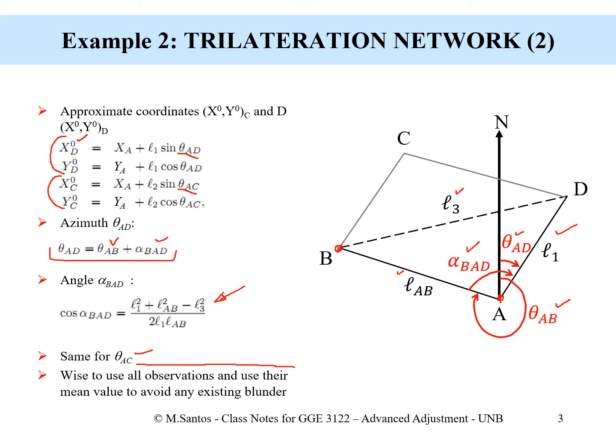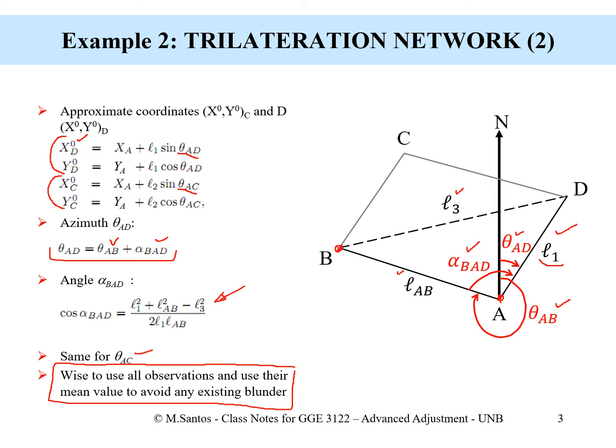Something of practical importance is this here. It is wise to use all observations and then take their mean value to avoid existing blunders. So we know that each one of these observations, observation L1 for example, was measured 6 times.